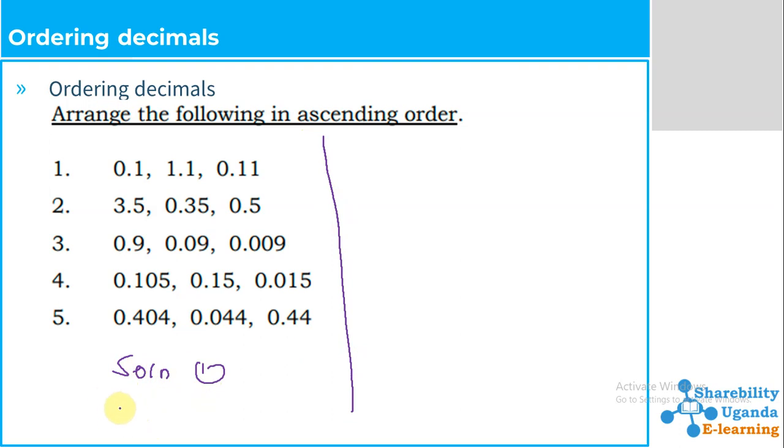In it we have 0.1, and we first want to change this to a proper fraction. When you change it to a proper fraction, it shall be 1 out of 10. So now this is a proper fraction.